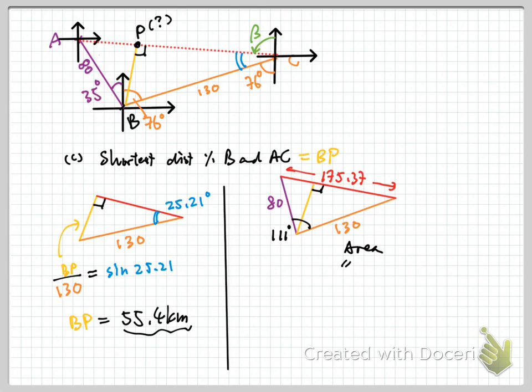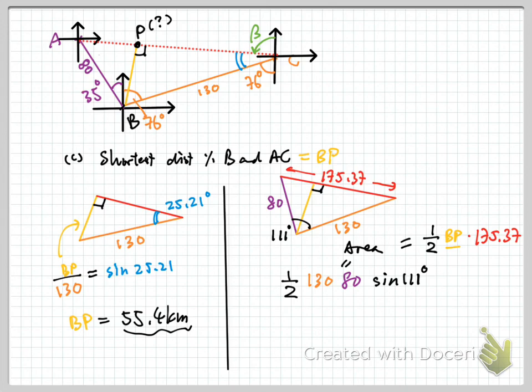So we can express the area of the triangle in 2 different ways. We can express it as half AB sine theta, 1/2 times 130 times 80 times sine 111. This is one way we get the area. Another way we can get the area is half base times height, half BP times the base 175.37.